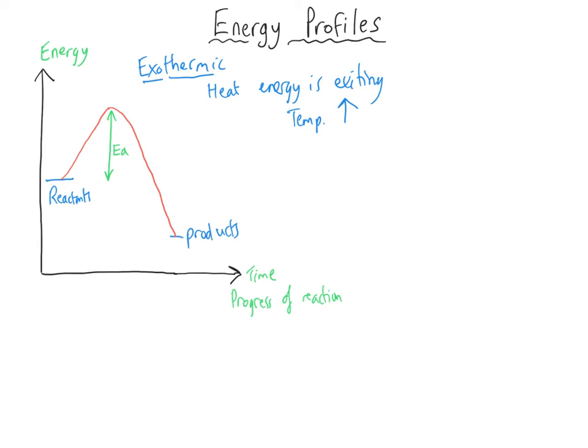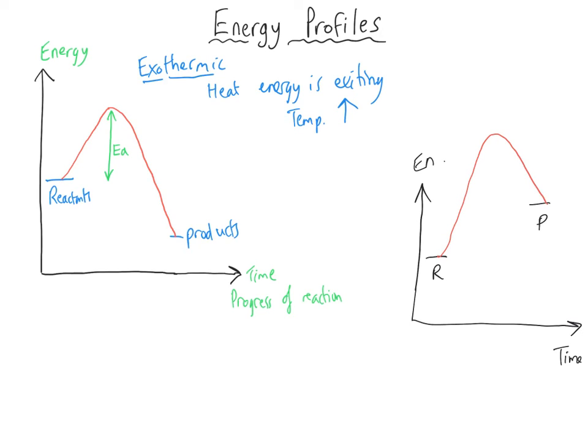There is another type of chemical reaction that's not exothermic, it's endothermic, and it looks really similar. We've got energy and time on here, but the only difference is that this time the reactants have less energy than the products, but the curve is the exact same shape. Energy has to go in and energy comes out, and the energy that goes in is the activation energy.